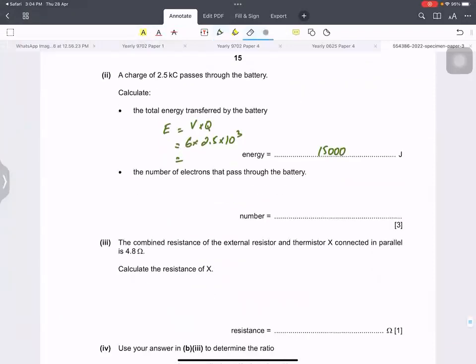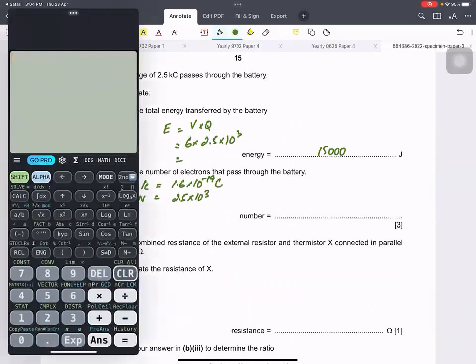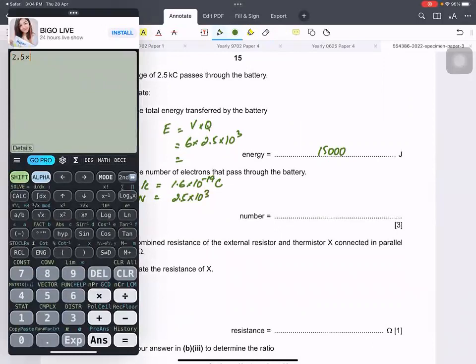Now you go forward. Number of electrons that pass through the battery. Now, one electron has a charge of 1.6 times 10 raised to minus 19 coulombs. Then how many electrons will be there in 2.5 times 10 raised to 3? You cross multiply.